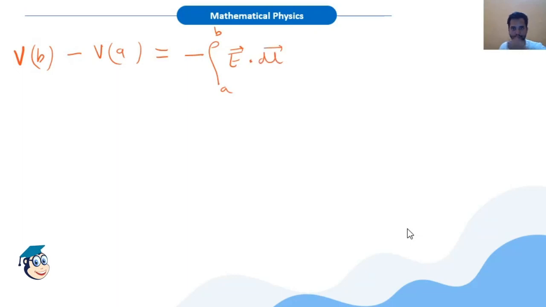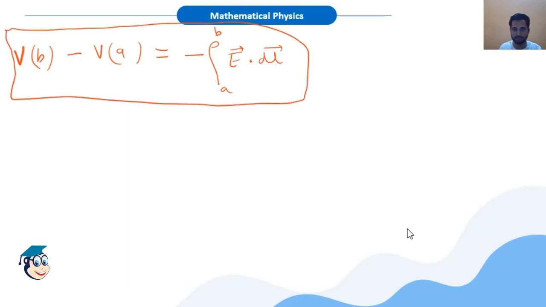This is the formula of potential difference between 2 points A and B. And you have to remember this formula, and you can directly use it to calculate potential if you are given the electric field.